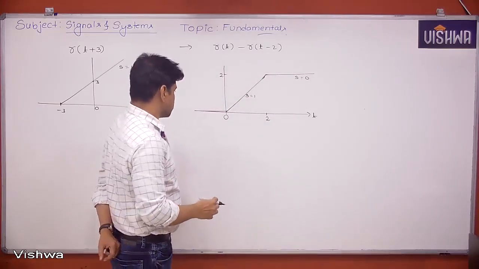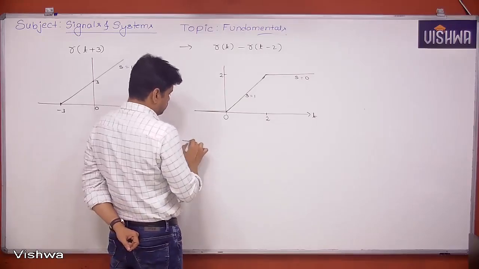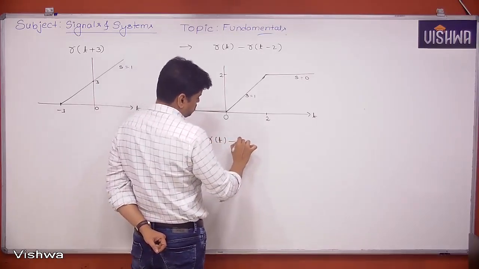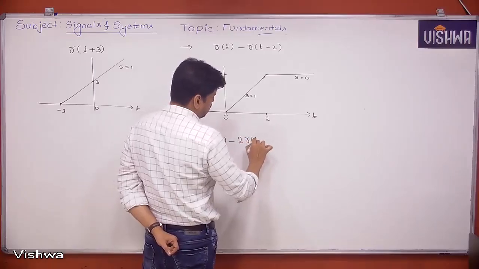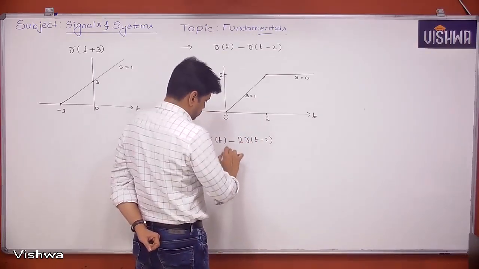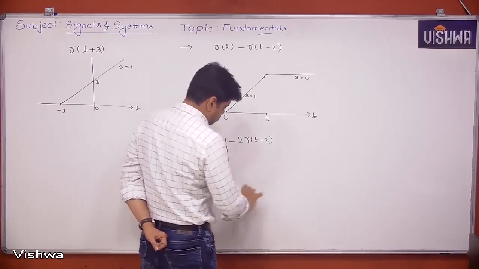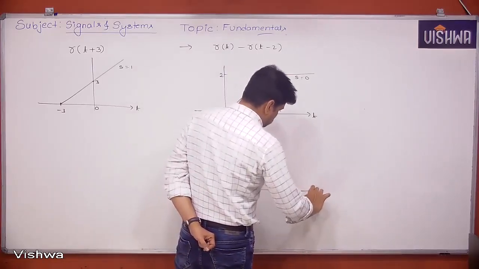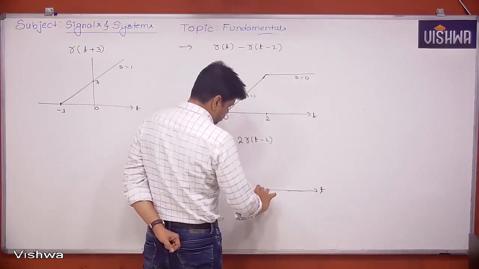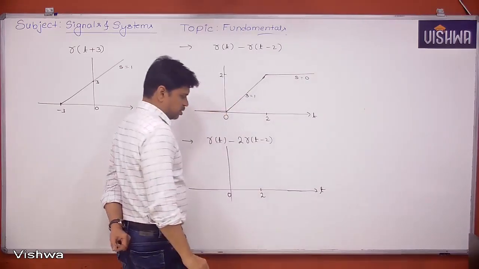Okay. Next. r of t minus 2 r of t minus 2. How can we draw this? Again, 0 is the corner point, 2 is the corner point.